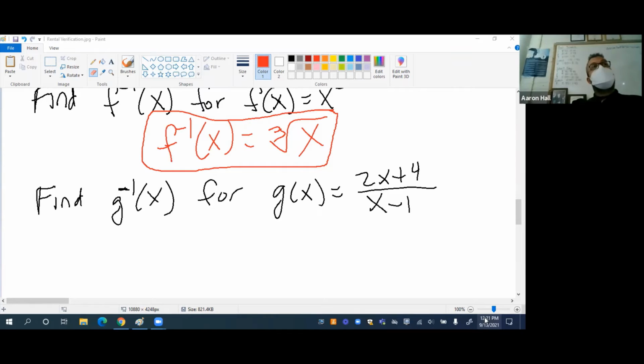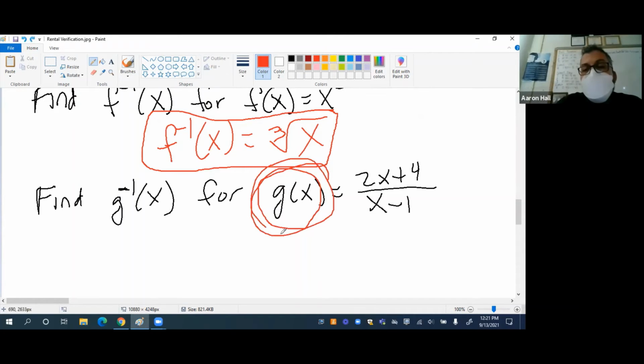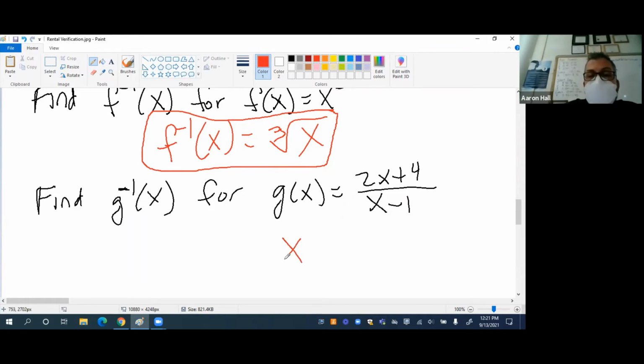Gaia, where did you start? If I have to turn things from x's to y's and y's to x's, what is this to begin with? It's a y. Yeah, so I'm going to change that to an x, and then the x's to y's. Okay, I like it.